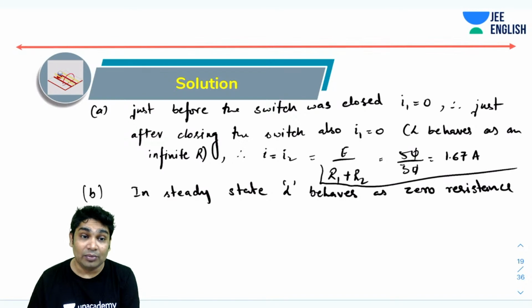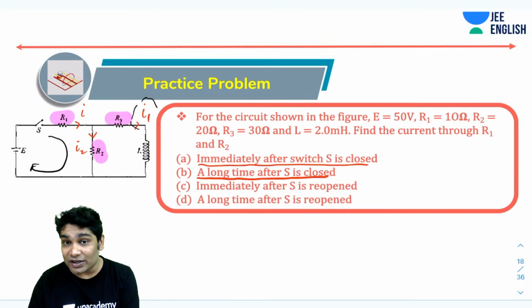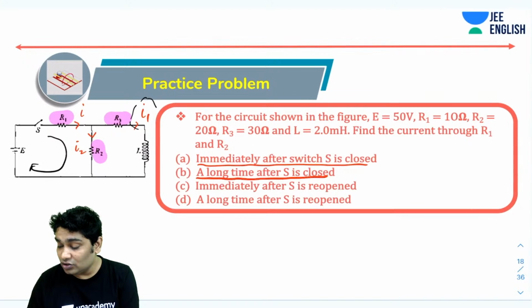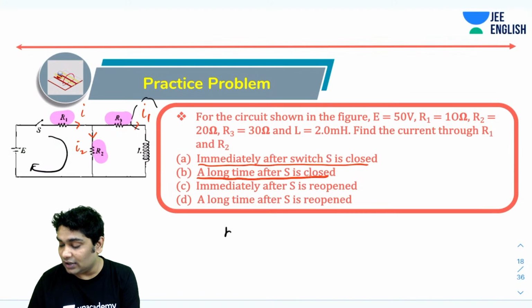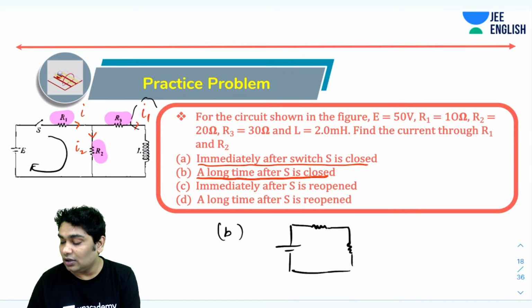Right. So I can completely forget about the L in the circuit. If I forget about the L in the circuit, what is the circuit that I have? So for case B, I can say that this is what my circuit looks like. So you have R1 here, then you have R2 here, and you have R3 here.